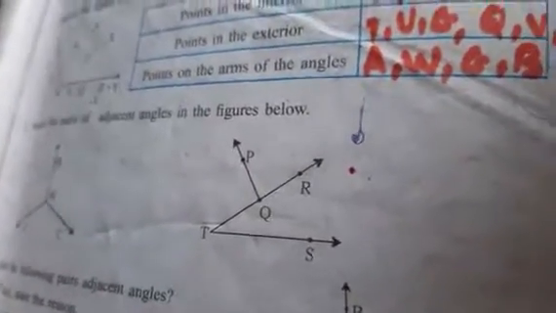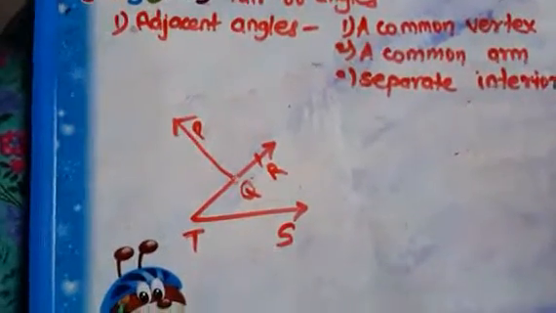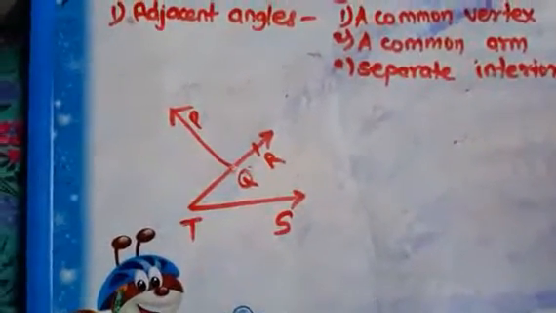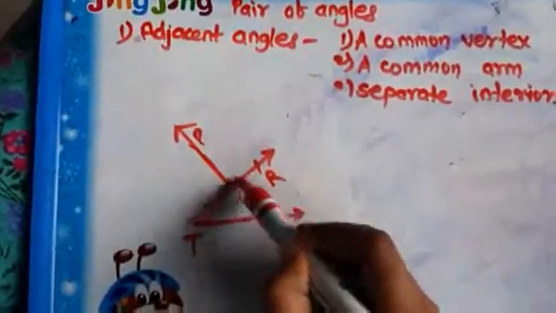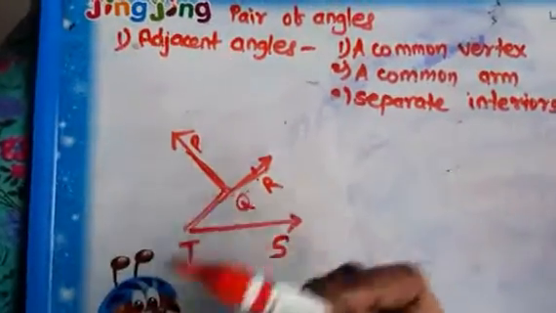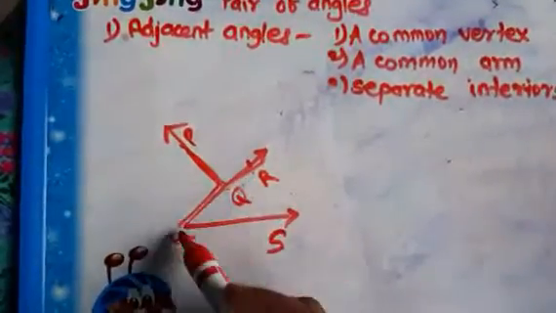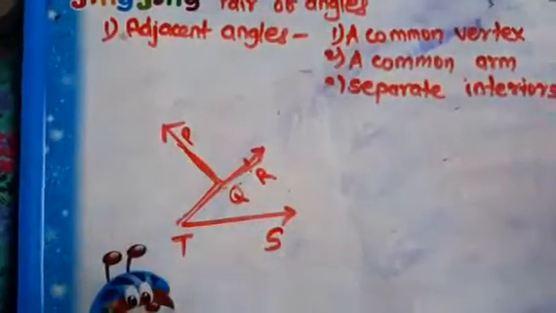Now we will check the second question. In that also we have to write pairs of adjacent angles. If you see this diagram, there is only one possibility of an adjacent angle pair and that one is this, because this is the common arm for this pair. If you consider the other, a common arm is not possible.